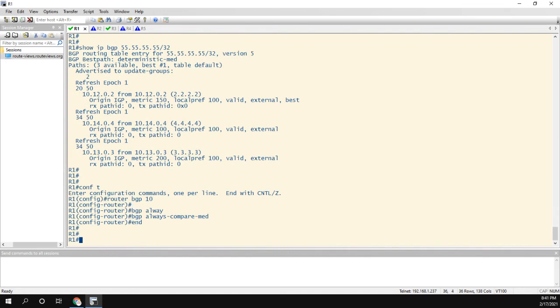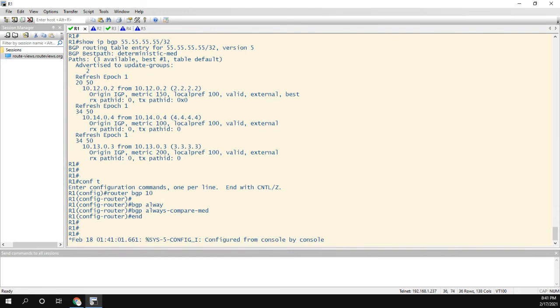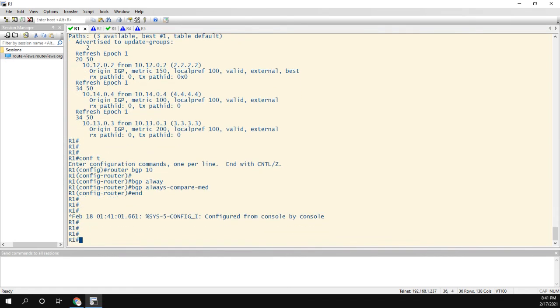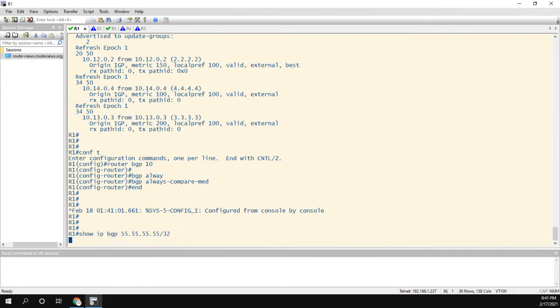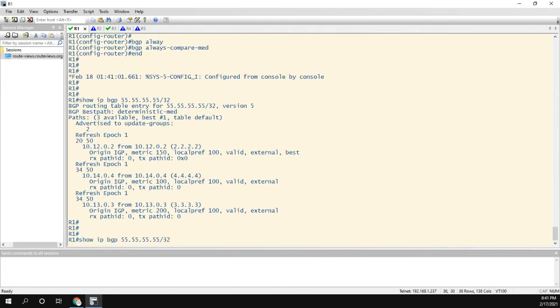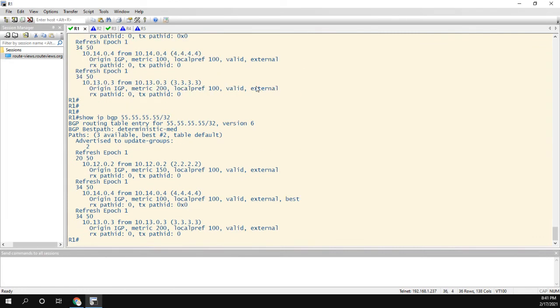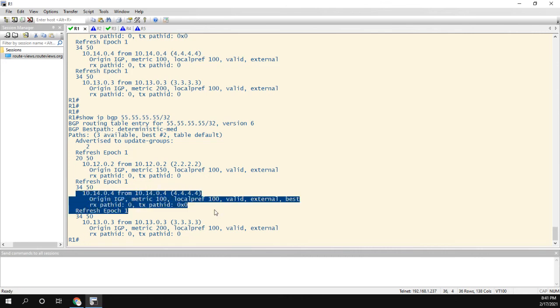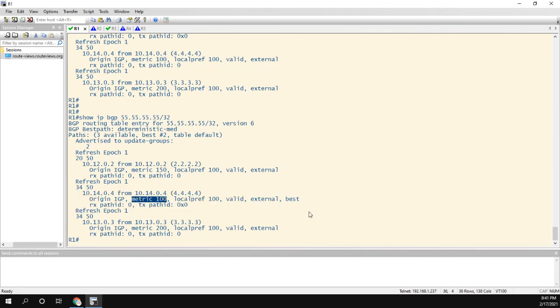And what this command does is it always compares the med even if it has a different AS path. So now we can take a look. And sorry, it just took a minute. Now our path from 4, which has a metric of 100, is preferred and best.